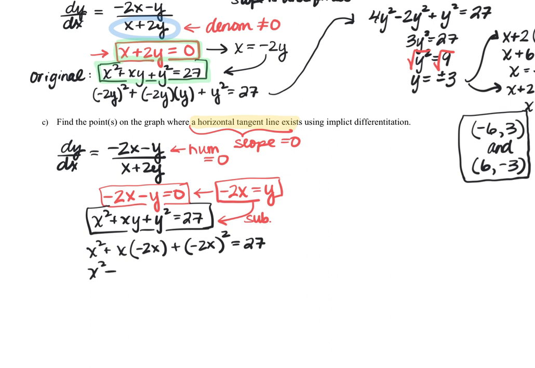Simplifying gives x squared minus 2x squared plus 4x squared equals 27. That'll be 3x squared is equal to 27. So x squared is equal to 9. So x is equal to plus or minus 3.